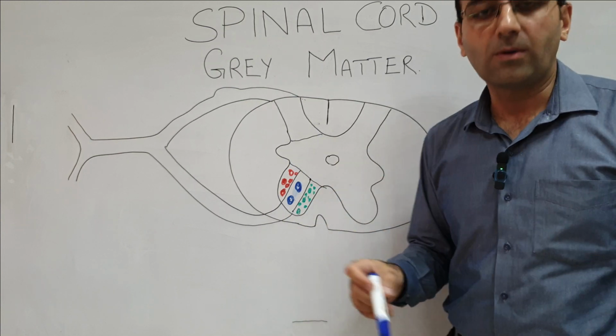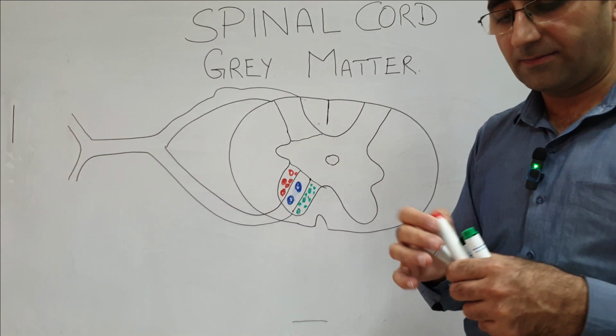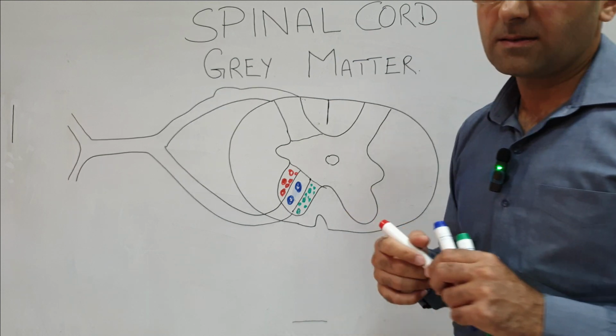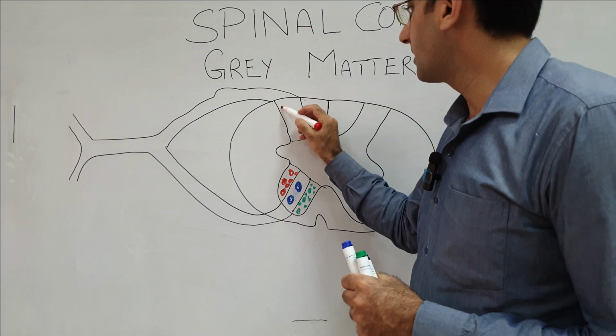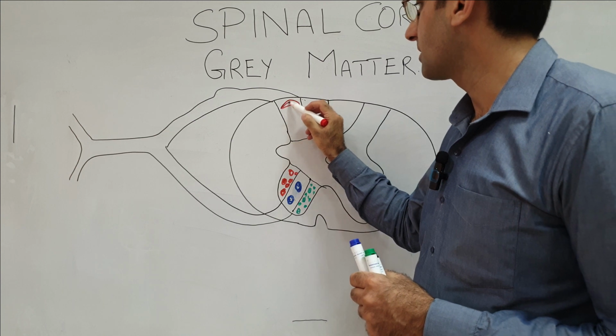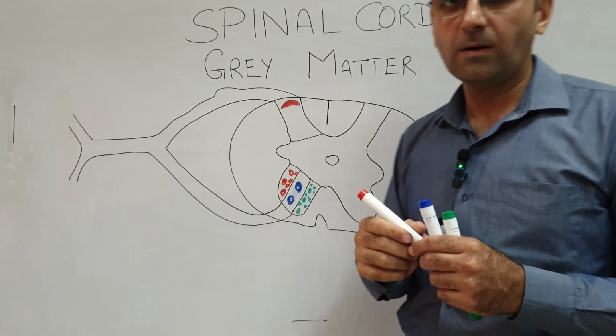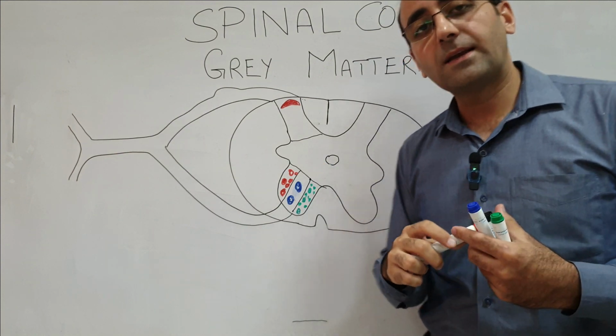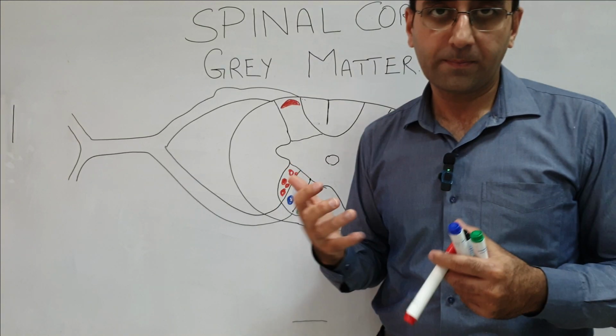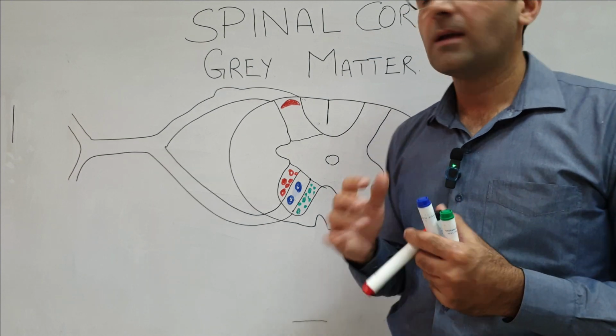Now coming to the posterior horn. The posterior horn has nuclei which receive the sensory stimuli. It has multiple nuclei. One of them is called the substantia gelatinosa, which lies at the margin of the posterior horn. This substantia gelatinosa receives stimuli of pain, temperature and touch.